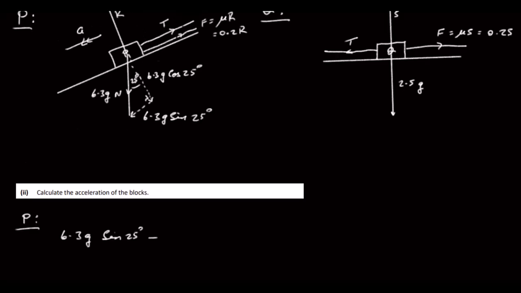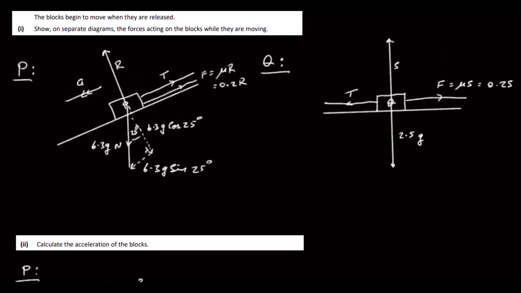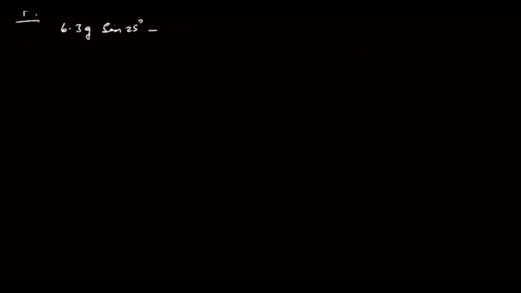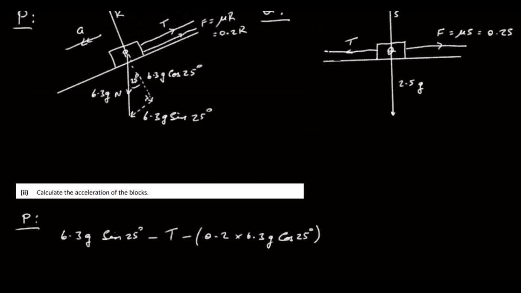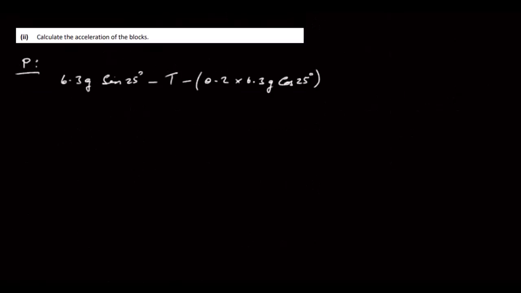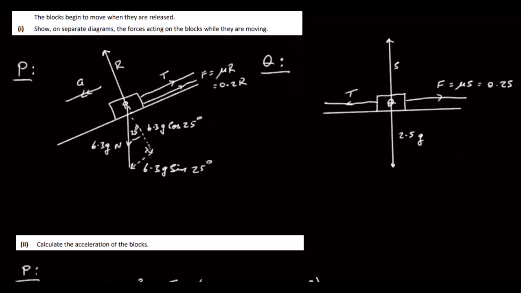Now the forces in the opposite direction then are T and friction. So we've got to subtract the T, and we've got to subtract the friction, which is 0.2 times R, and R is going to be the same as 6.3 g cos 25, because the block is not moving perpendicular to the surface.